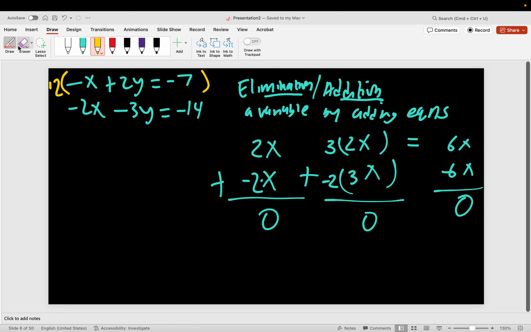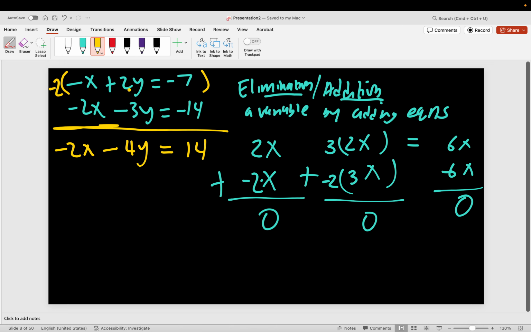So if this is negative 2, this also has to be 2, but it has to be positive 2. So I'm going to make this negative, because negative 2 times negative x is going to give me positive 2x, which is what I want. But you can't only do x, you have to do the whole equation. So now my new equation is going to be negative 2x minus, because we're doing it to the whole thing, 4y equals 14.